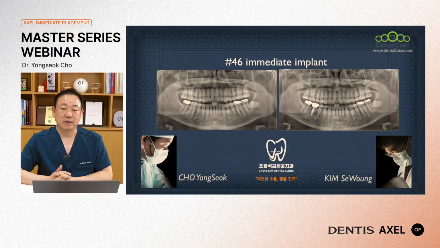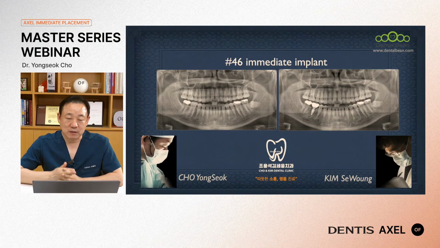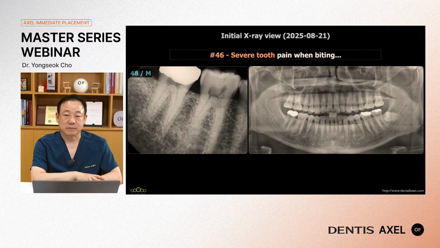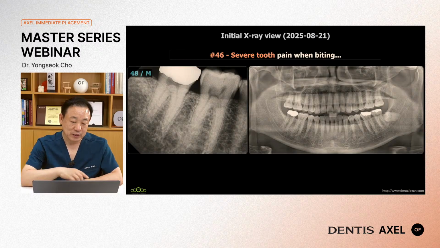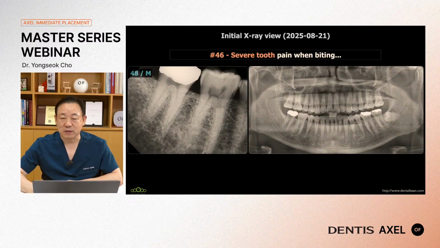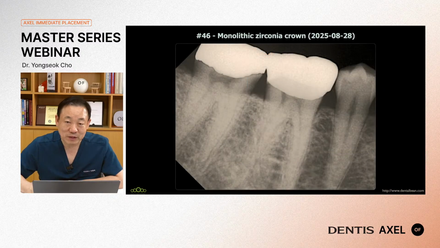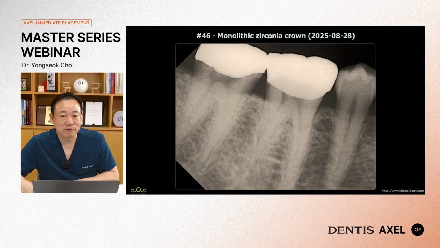Okay, next case. It is a 46 immediate implant case. Patient complained of severe tooth pain when biting food. Okay, right mandibular first molar has very long root. In the radiographic image, you cannot see any special finding.